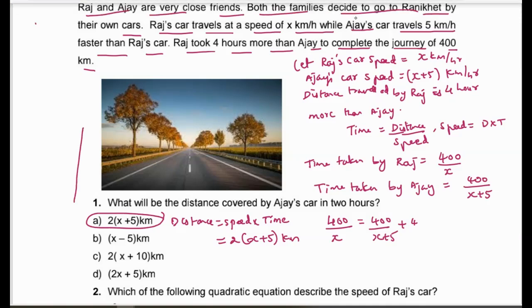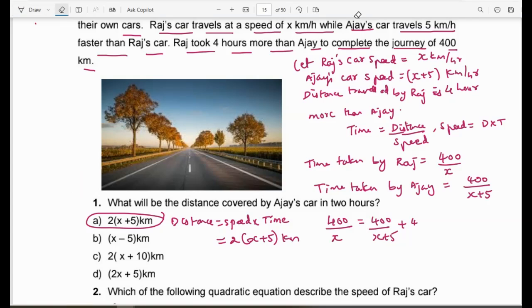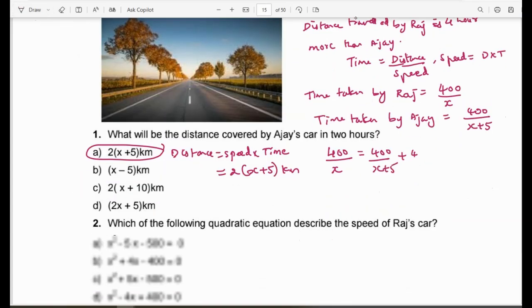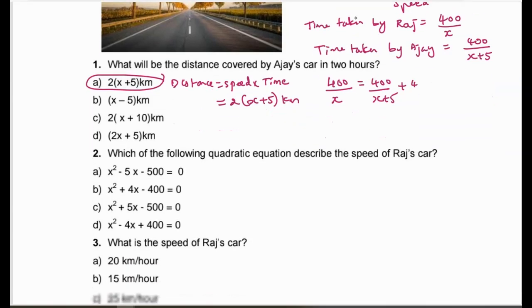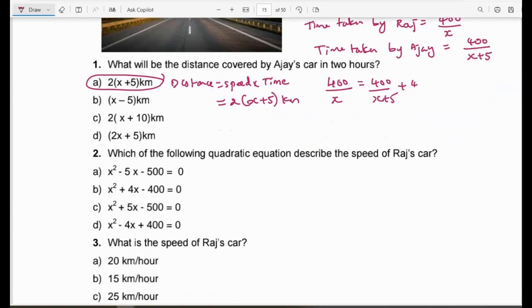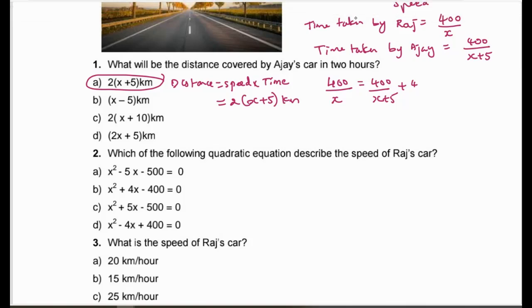Then the second one: which of the following quadratic equations describes the speed of the Raj car? Let's simplify this. We make a common denominator, that is we get 400 by x equals 400 plus 4 into x plus 5, divided by x plus 5.